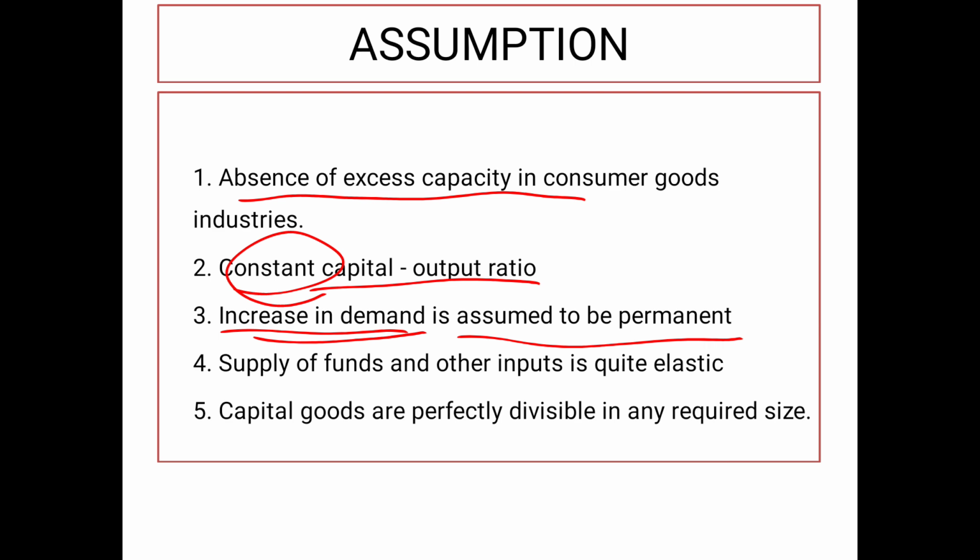Elastic is nothing but expandable, that is, it can increase. You have already learnt this word in 11th standard, where we had price elasticity of demand, perfectly elastic. Here we are going to see capital goods, which are perfectly divisible and in any required size.